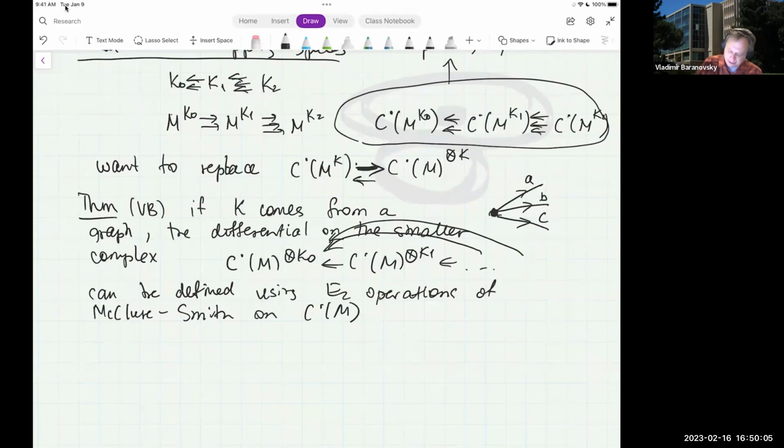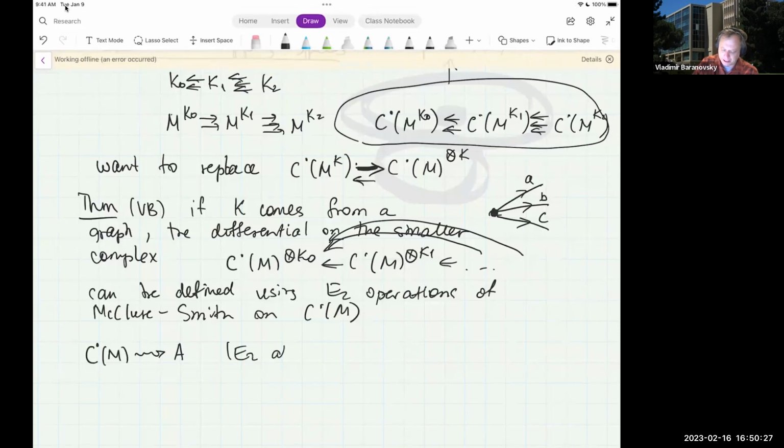So let me again mention that the fact that we don't need all operations of Maclaurin-Smith means that we could try to construct a similar complex which replaces cochains by an E2 algebra. Anything that carries these operations of the same style as Maclaurin-Smith operations can be inserted into this.